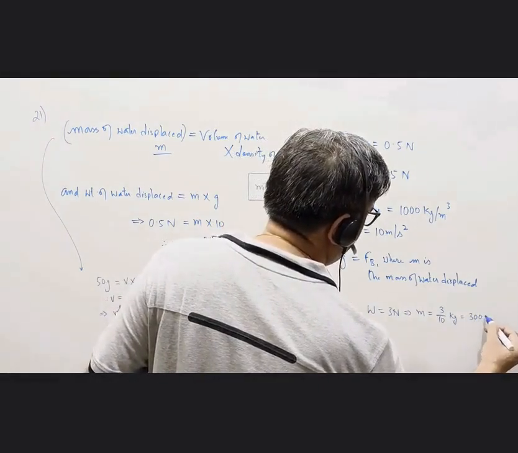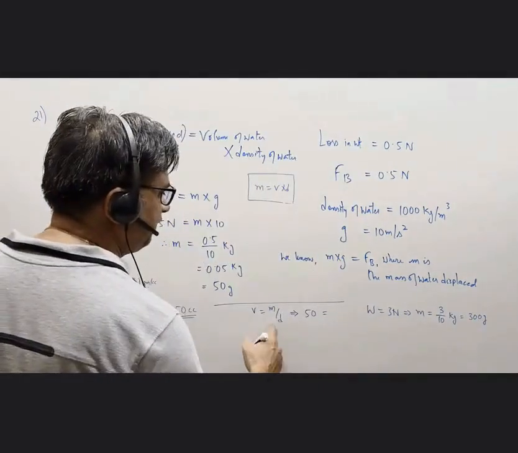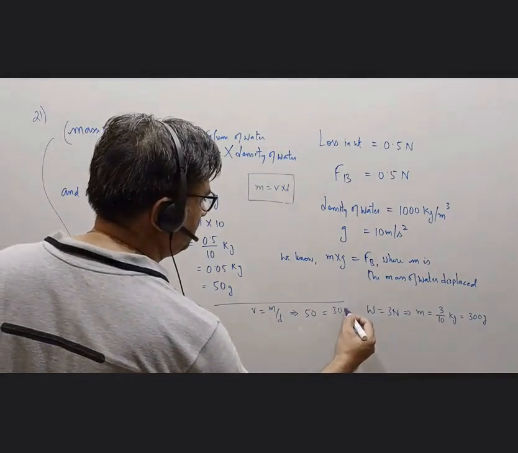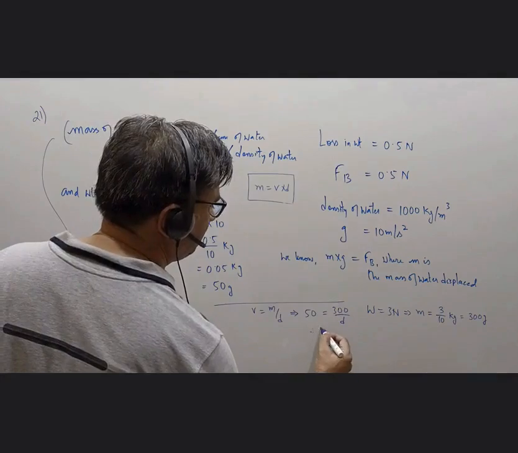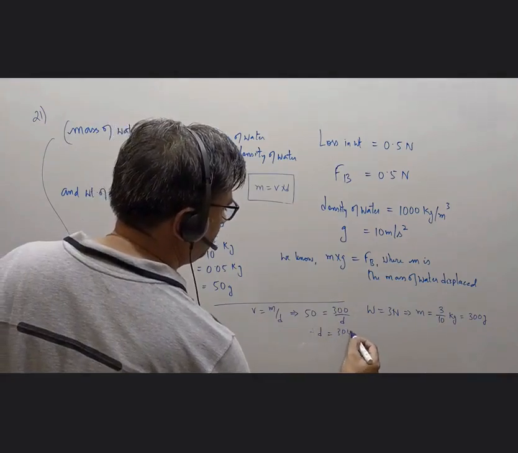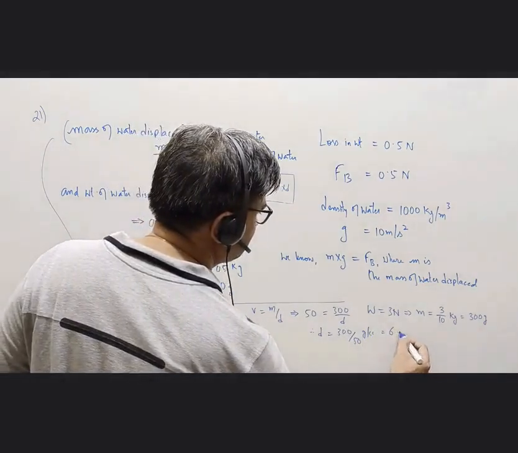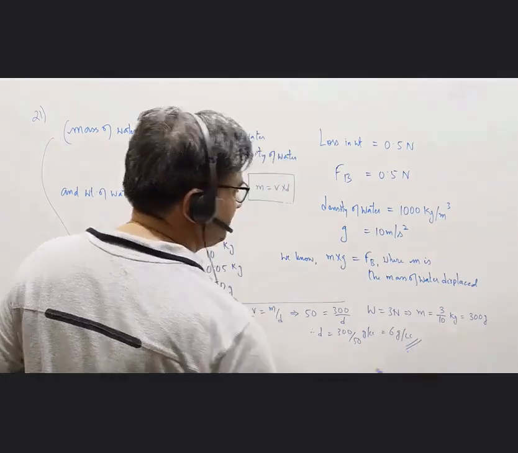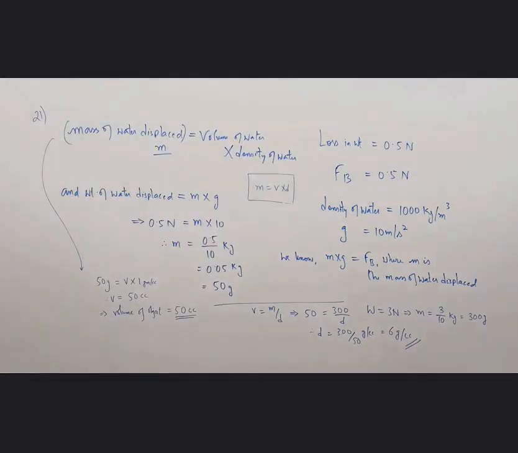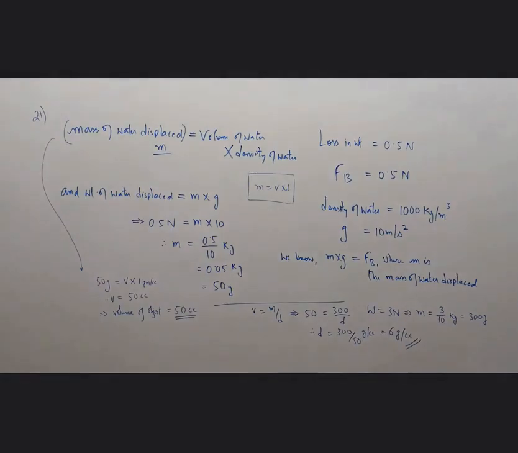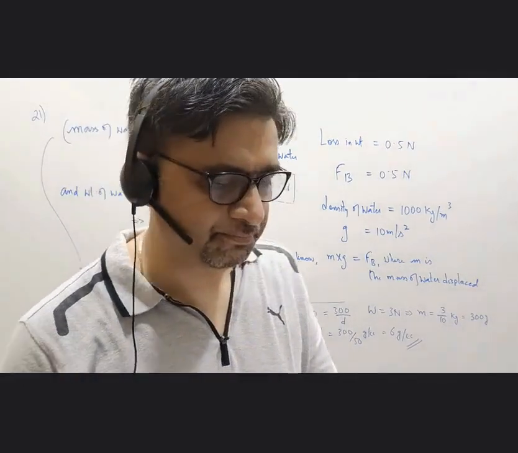So in this case, 50 is equal to 300 divided by density, and therefore the density will come to 300 by 50 gram per cc, which is 6 gram per cc. That's the density of the object.